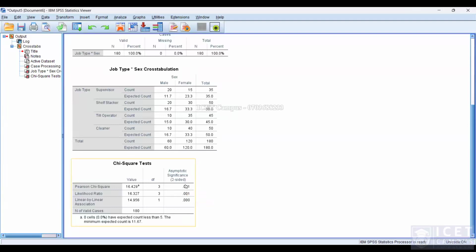The null hypothesis is that there is no significant relationship between job type and the sex of a worker. And it is rejected, because this is less than 0.05. Therefore, we can conclude there is a significant relationship between the job type and the sex of a worker, right? Okay, that is about this one.